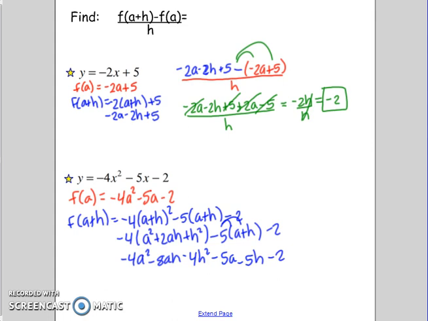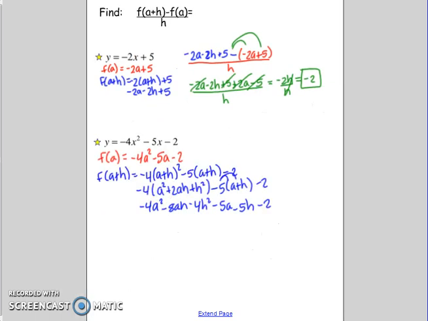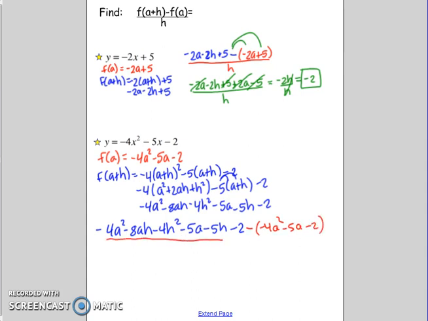So now we're going to take that and we're going to subtract the f of a. So it's negative 4a squared minus 8ah minus 4h squared minus 5a minus 5h minus 2. And now I'm going to subtract negative 4a squared minus 5a minus 2 and put it all over h.